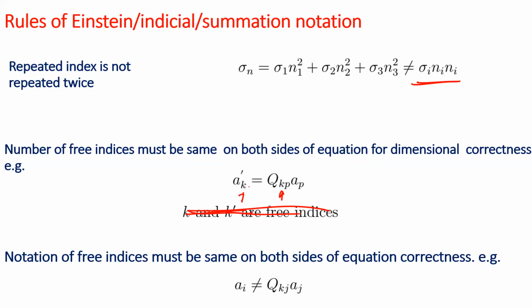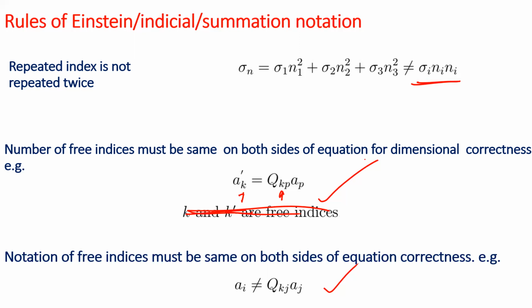You cannot have something different like the way it is written here. All right. So the notation must be the same, and the number of free indices on either side should also be the same. We have shown this with respect to one variable K in this particular equation, but you can as well expand this into multiple indices, which we will see maybe in 2 weeks time.